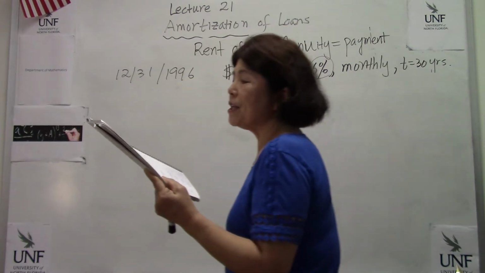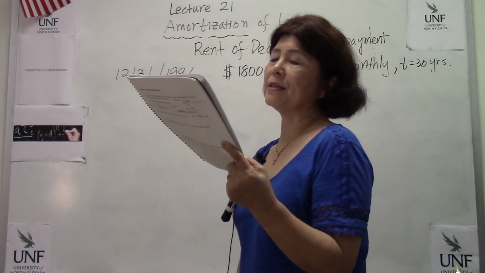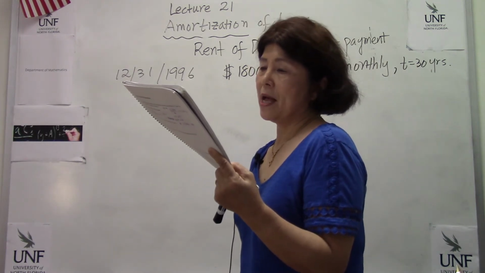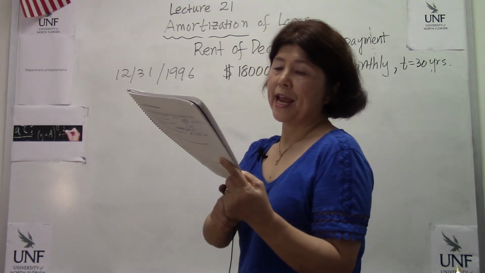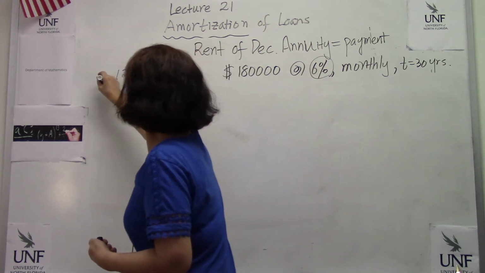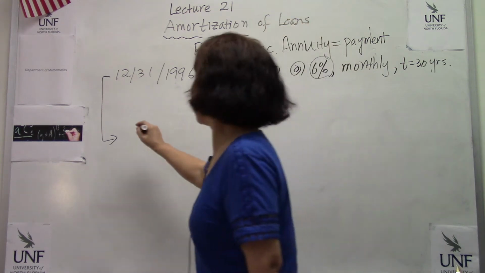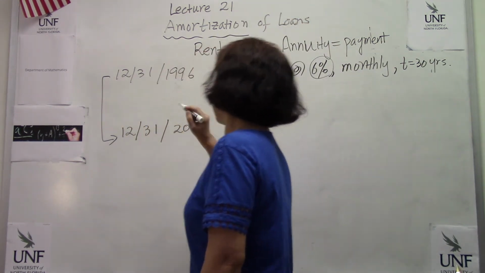Calculate the unpaid balance on the loan on December 31st, 2011, just after the 180th payment. So what is going on this day? So now we are going to look at this one as December 31st, 2011.